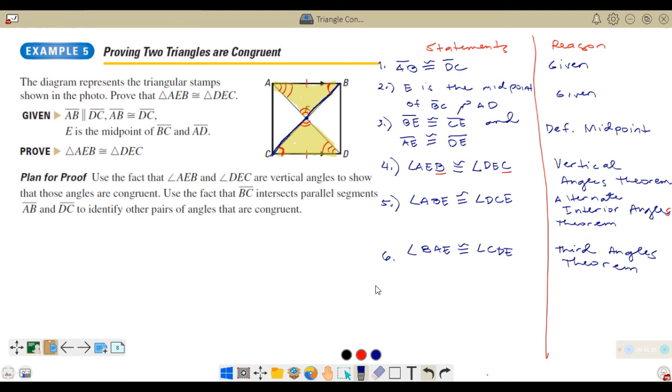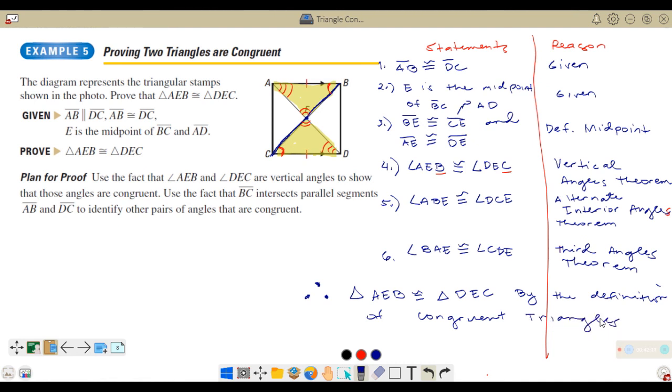So let's put a conclusion. We'll use a symbol again: if you see the three dots, that means in conclusion. So the conclusion is angle AEB is congruent to DEC by the definition of congruent triangles.